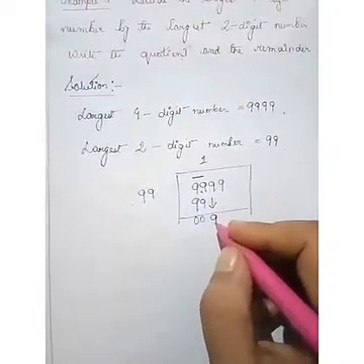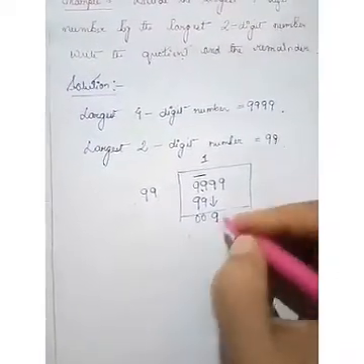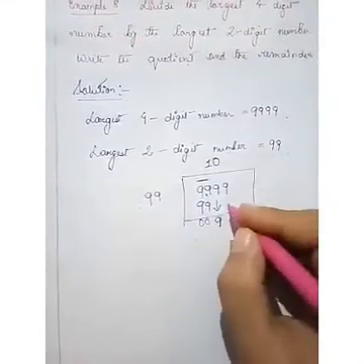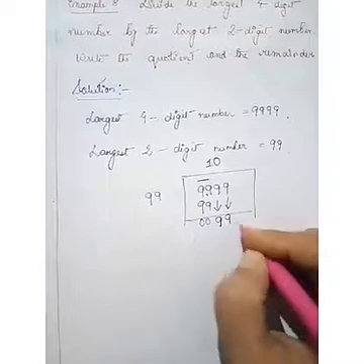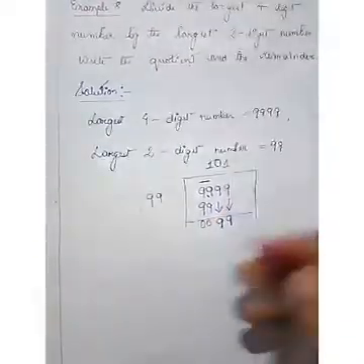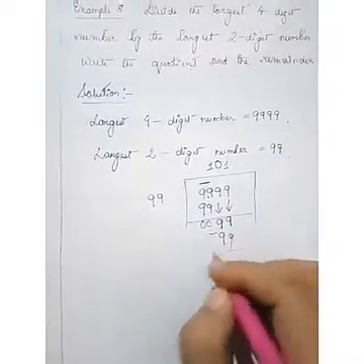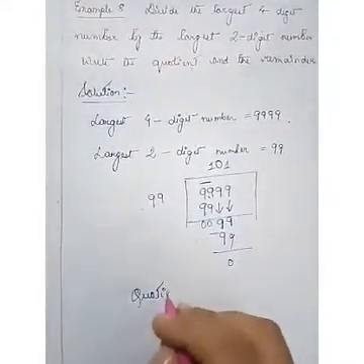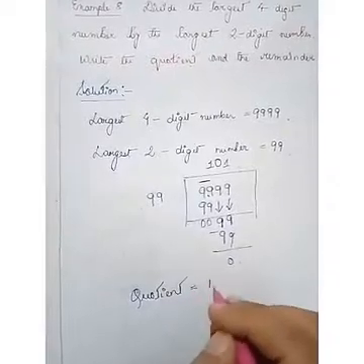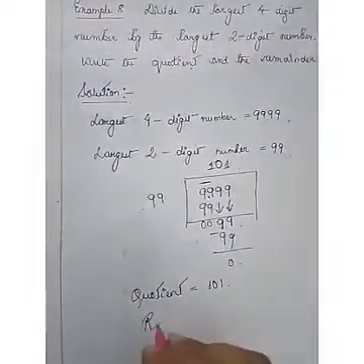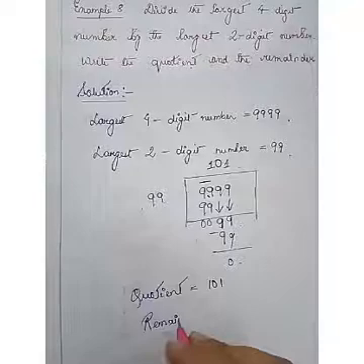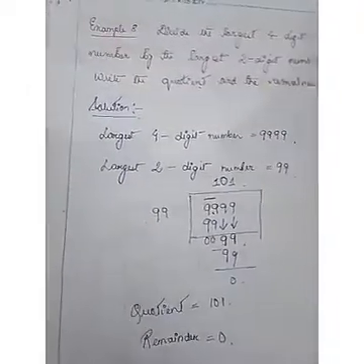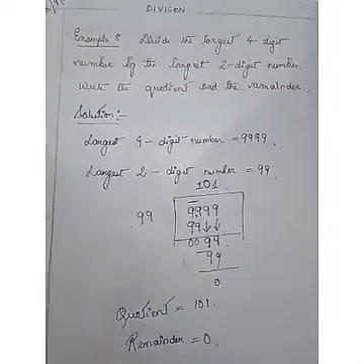I already told you the number should be either equal or bigger. So what we'll do, since I want this number also, I'll put a 0 here. When I put a 0, the next number will come down. Again, 99 ones are 99. Okay. So the quotient equals 101 and the remainder equals 0. Alright, so this is the quotient and this is the remainder.